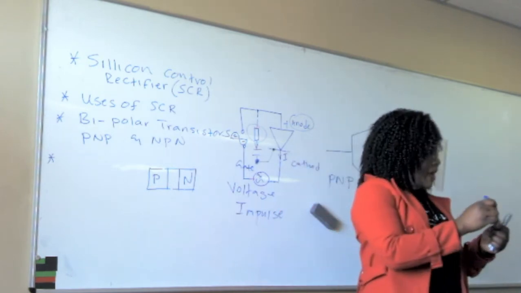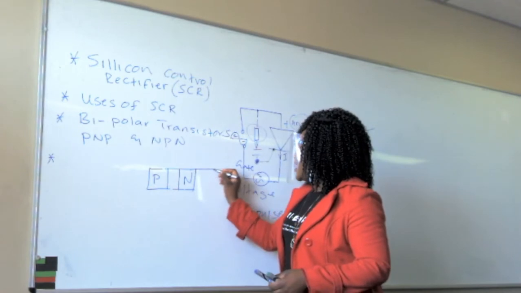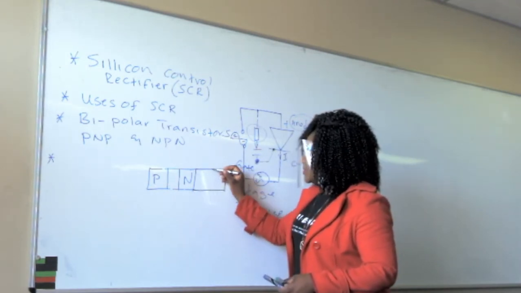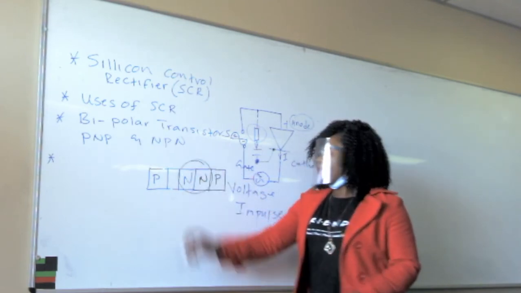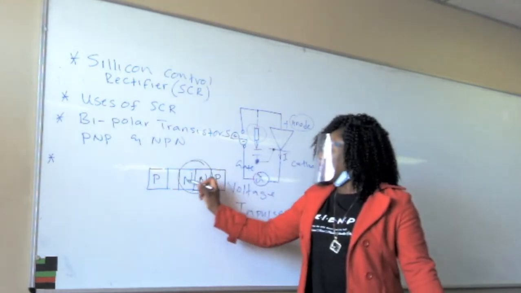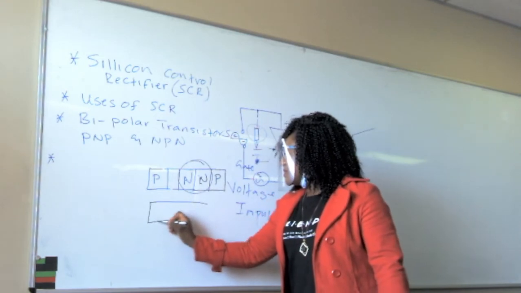So if it's a bipolar transistor, we are including another diode here, with a positive and a negative. You see what I've done here? Two diodes together, which is PN and PN, but the N must meet together. So where the two ends are meeting, it's the same as having a transistor this way.